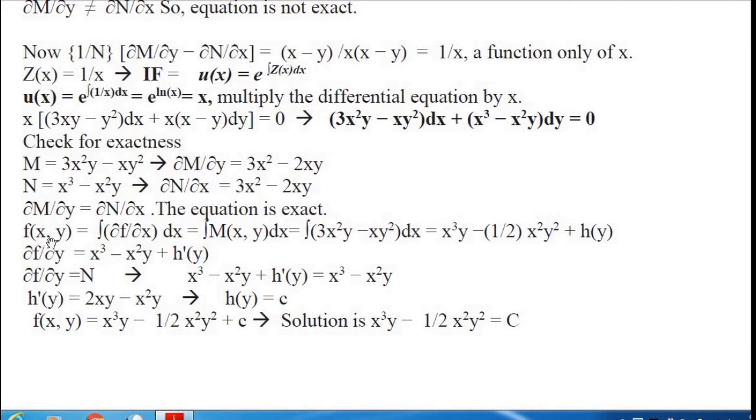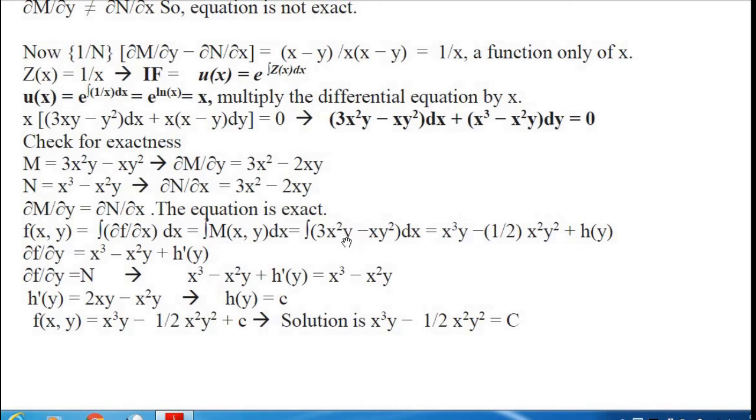So f(x,y) is the integral of ∂f/∂x dx. It may be ∂f/∂y dy also. Here I took it as ∂f/∂x into dx, that means integrating with respect to x. So what is ∂f/∂x? It is M(x,y).